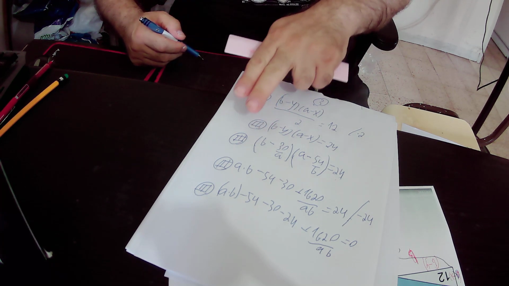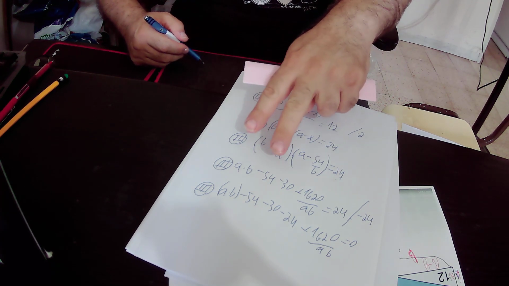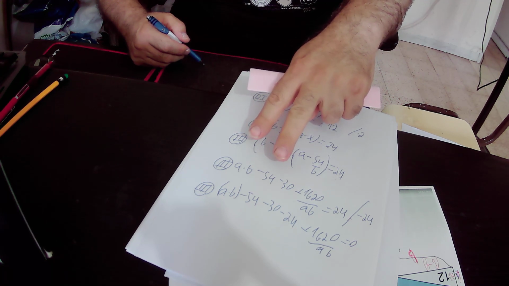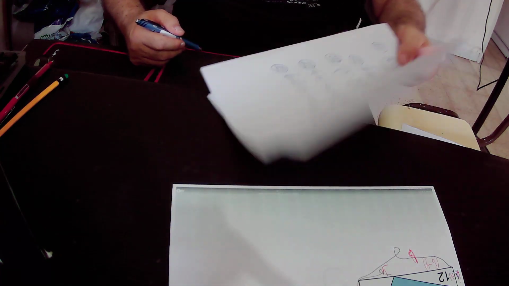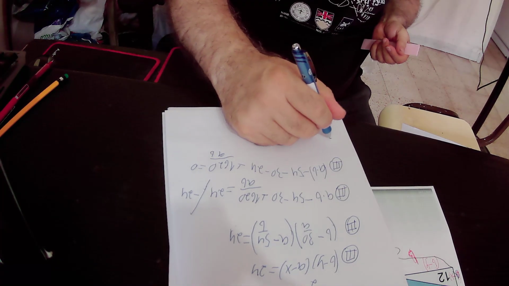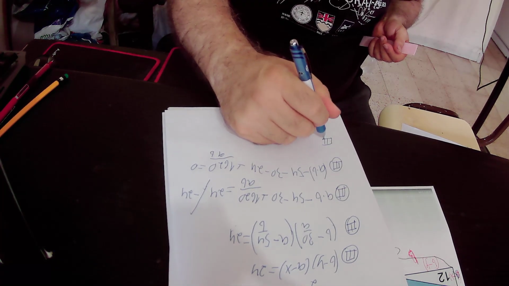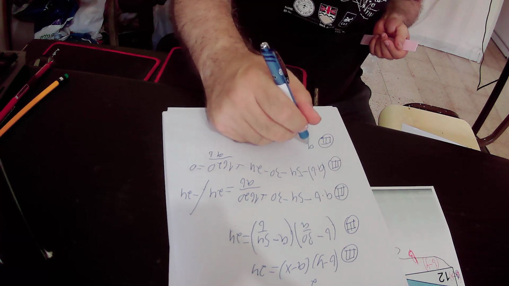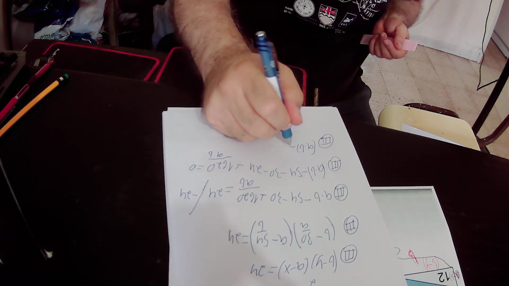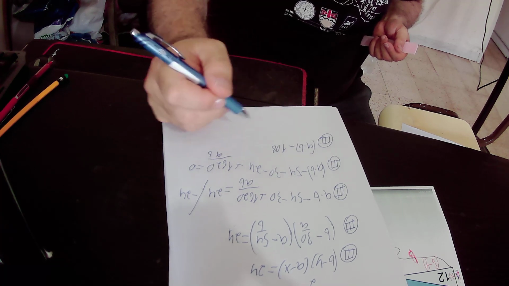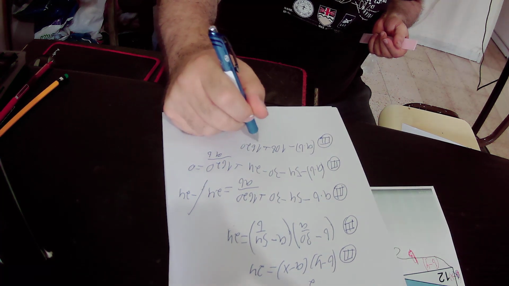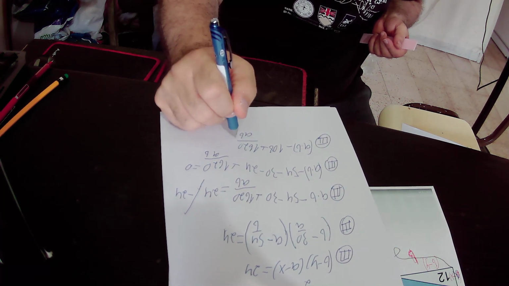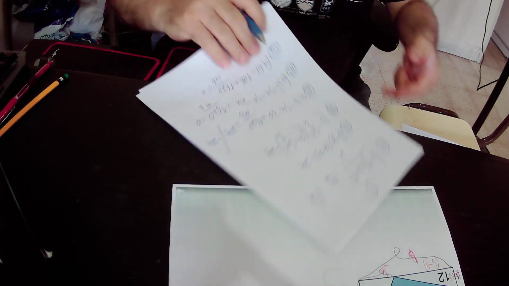Now first of all, negative 54, negative 30, negative 24 equals negative 108. So A times B negative 108 plus 1620 over AB equals 0.